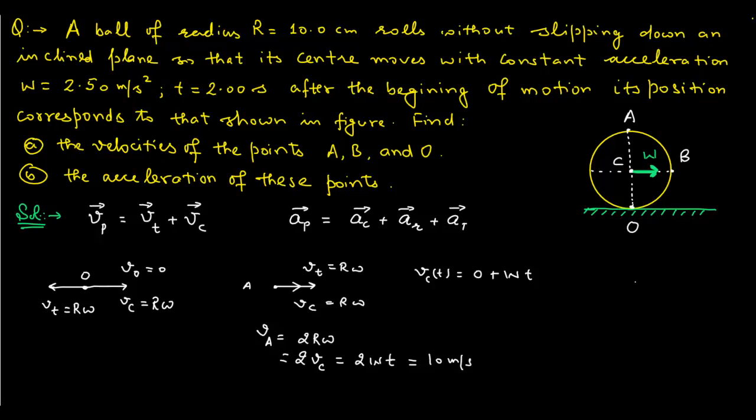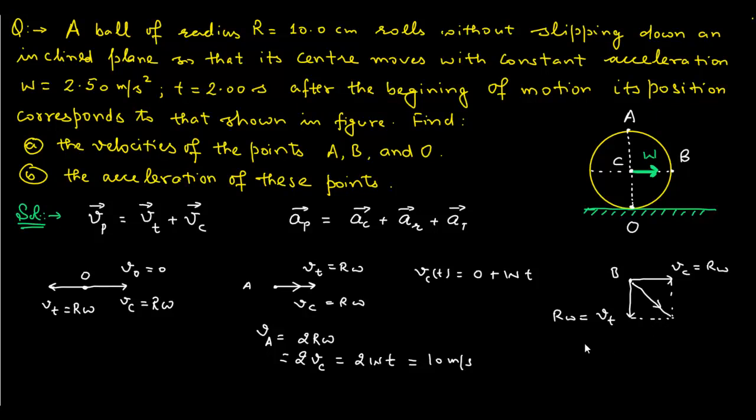Now if you look at this point B, the velocity of center of mass is towards right, and the tangential velocity at point B is in this direction. Clear? Now as the magnitude of Vt and Vc is the same under pure rolling, that is r omega, and as these velocities are perpendicular to each other, the resultant is in this direction.